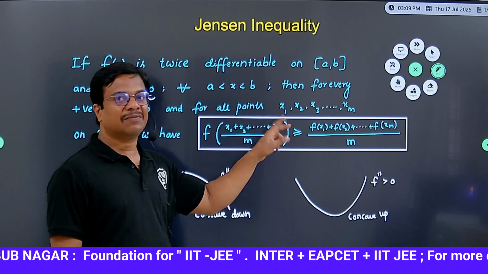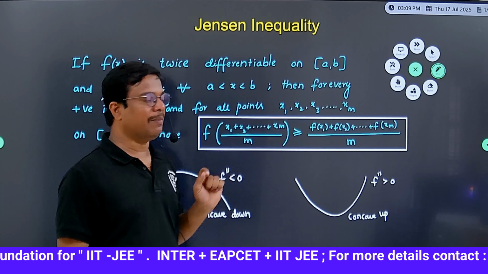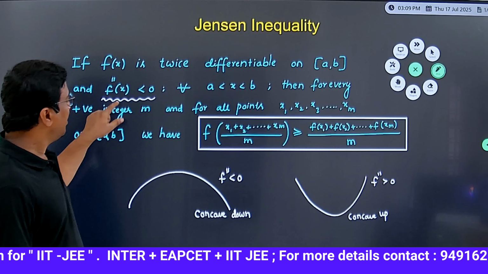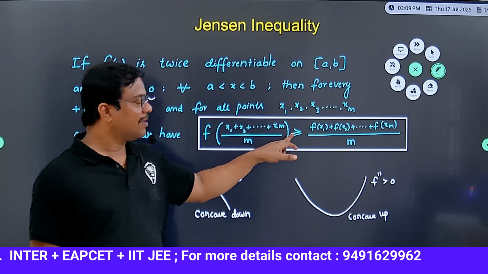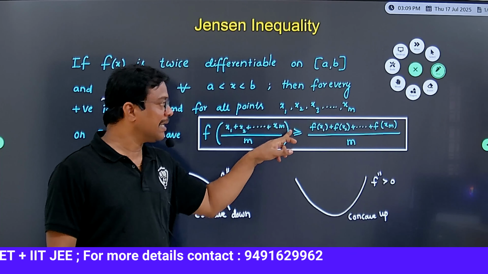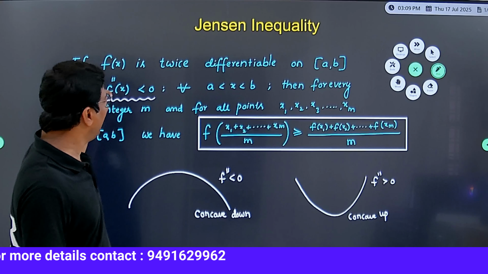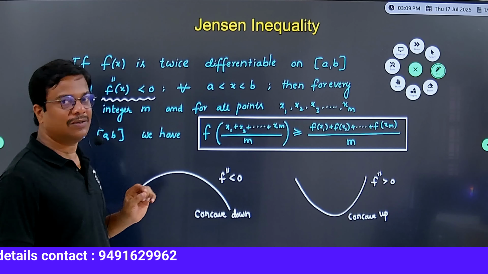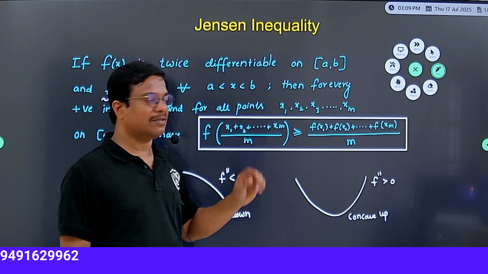Equality holds whenever x1 equals x2 equals x3 equals xm. Remember, if double derivative is less than 0, then you have to use the greater than or equal symbol. In case the double derivative is more than 0, remember that you have to write the less than or equal to notation.